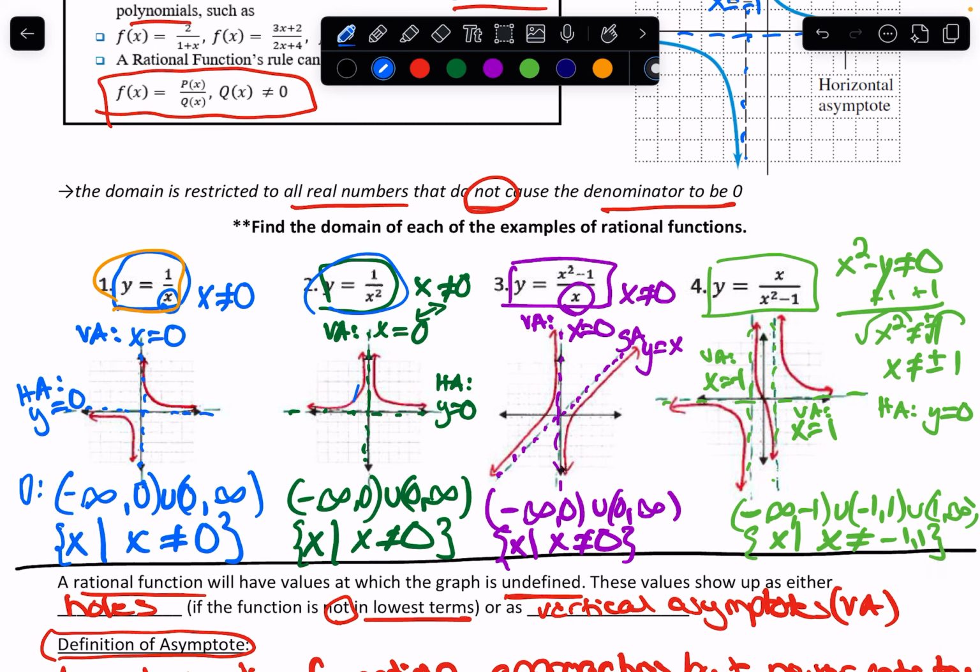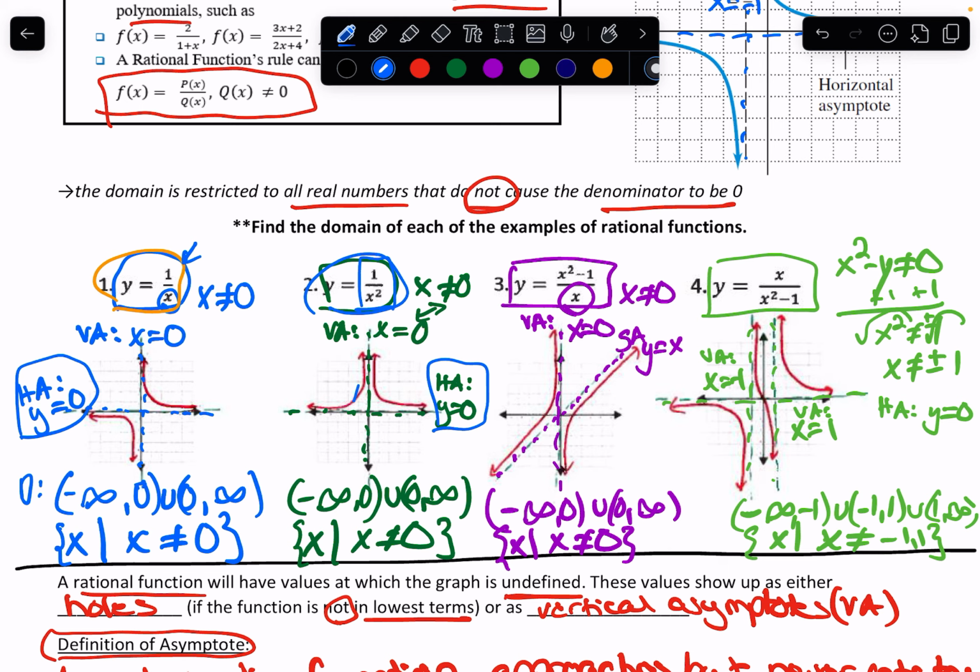So, for example, in this first one, the degree of the numerator is less than the degree of the denominator because it's 0 and 1. So that is why our horizontal asymptote is y equals 0. Same thing here. The degree of the numerator is less than the degree of the denominator. So our horizontal asymptote is y equals 0.